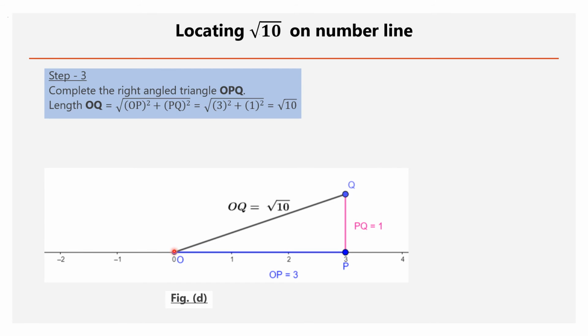Let us join points O and Q to form the right angle triangle OPQ. As the base OP is 3 units length and perpendicular PQ is 1 unit length, as per Pythagoras theorem, hypotenuse OQ will be square root 10.